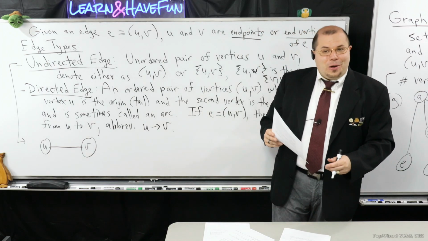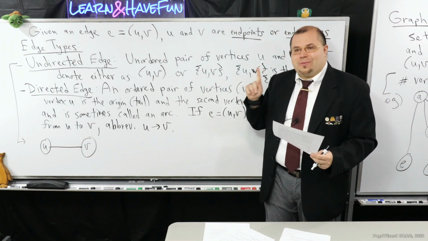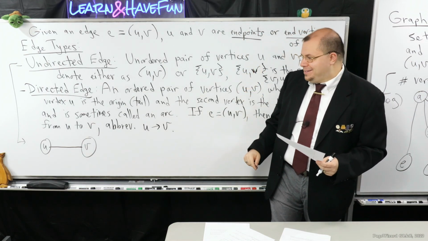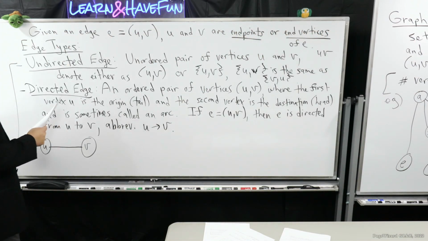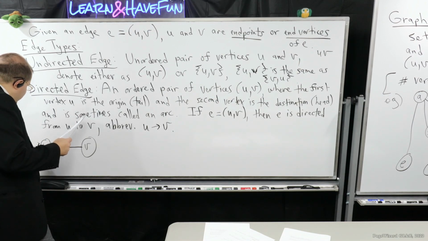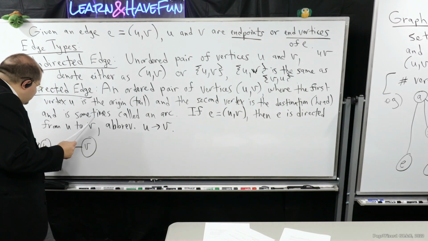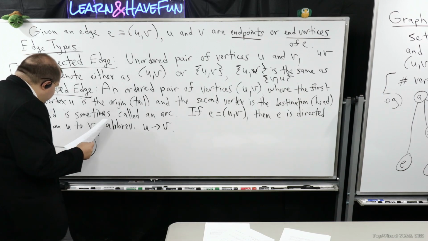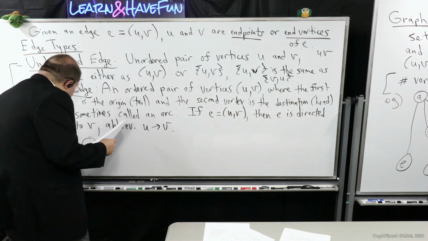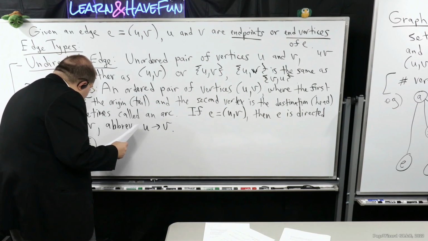It's just a connection between the two, like this. And this is what UV is. This is what an undirected edge, or edge, which I'll very commonly just call an edge by default, would look like.